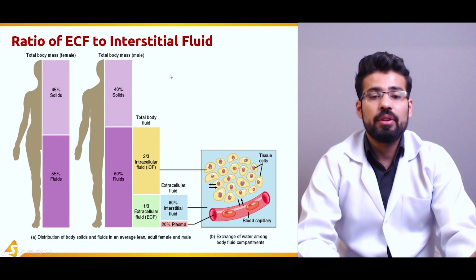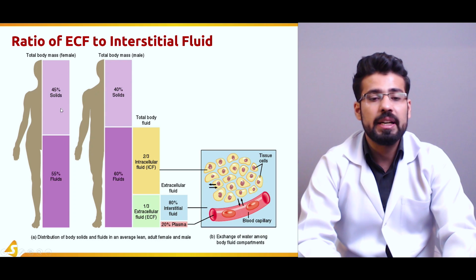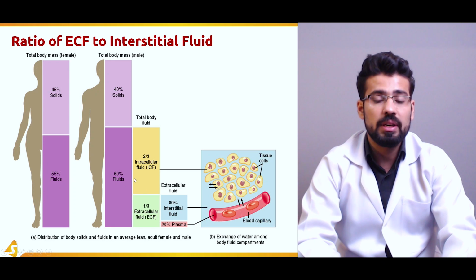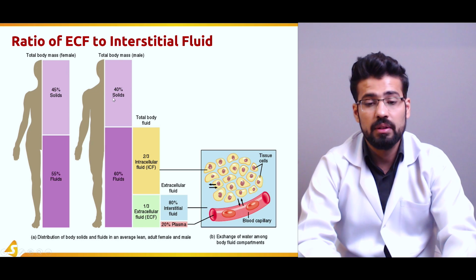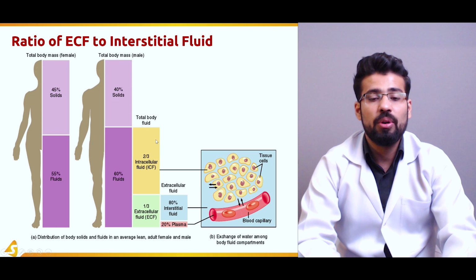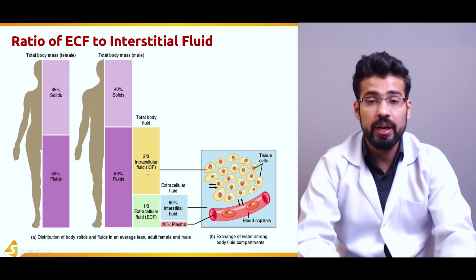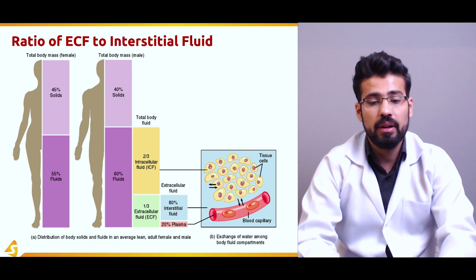Now, talking about the ratio of ECF to interstitial fluid, the female body contains 45% solid and 55% fluids, as compared to males, which contain 60% fluids in the body as compared to 40%. The total body fluid is divided into the intracellular fluid, which covers two-thirds of the total fluid, and one-third covered by the extracellular fluid.